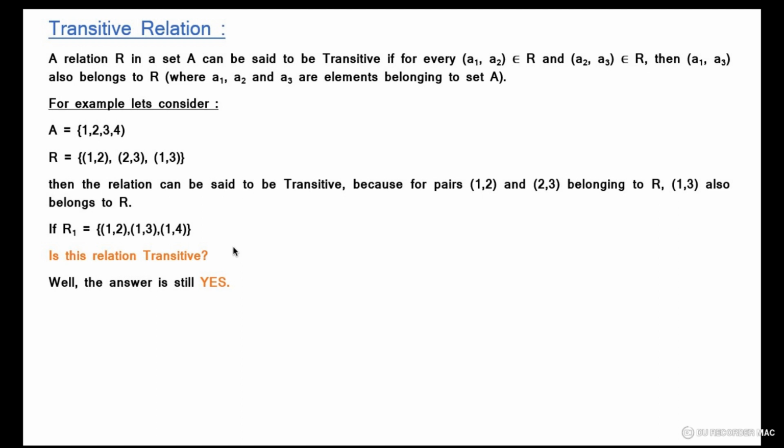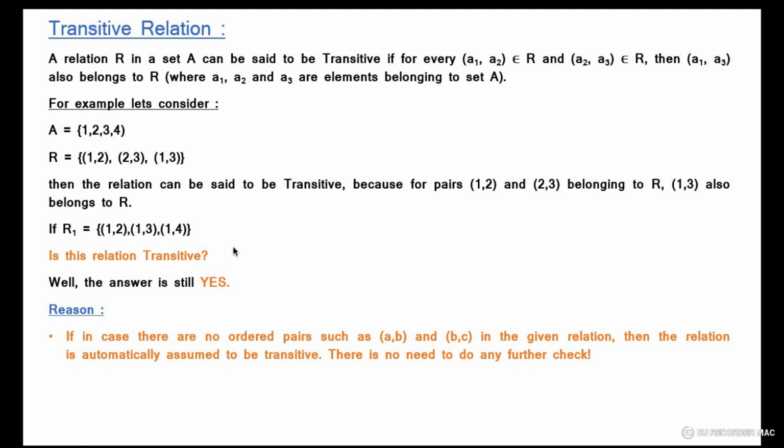How come? This is an exceptional case. The reason behind that is, if there are no ordered pairs such as (a, b) and (b, c) in the given relation, then the relation is automatically assumed to be transitive. There is no need to do any further check. Here, you take this relation, you don't have any ordered pairs such as (a, b) and (b, c) in this relation.